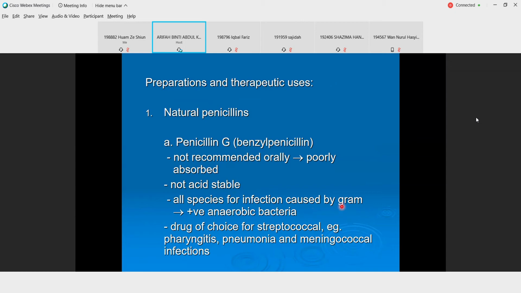Please remember that this is the spectrum of activity of penicillin G. This is the drug of choice for streptococcal infection, causing pharyngitis, pneumonia, and meningococcal infection. So this would be a drug of choice for these problems in animals.